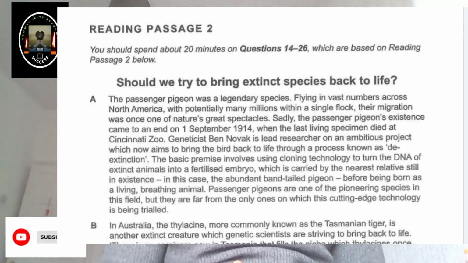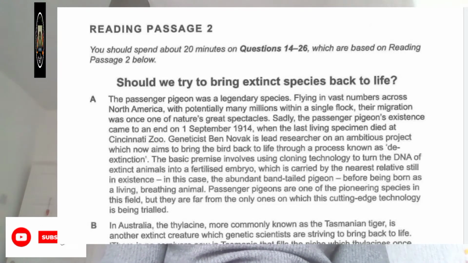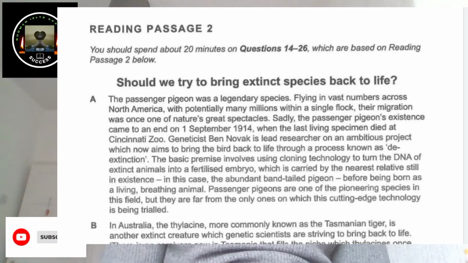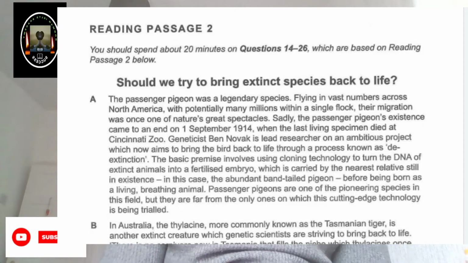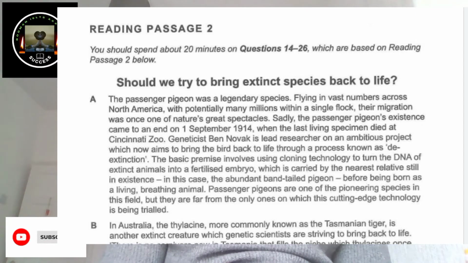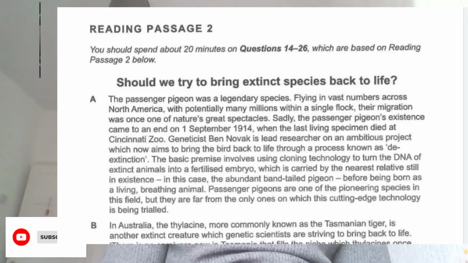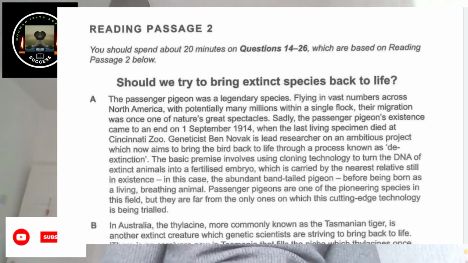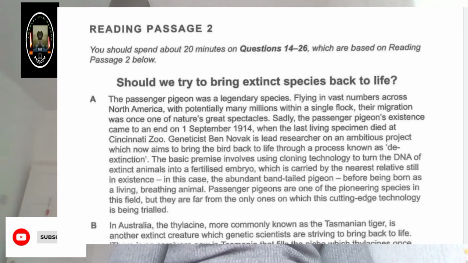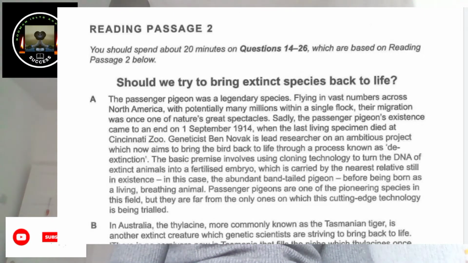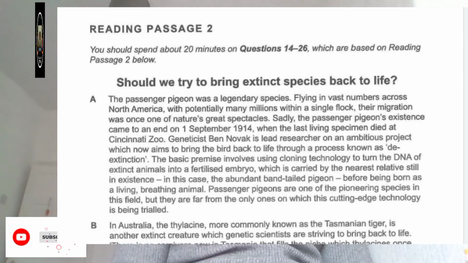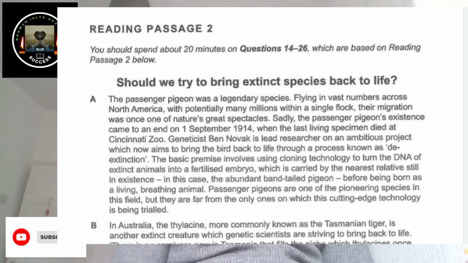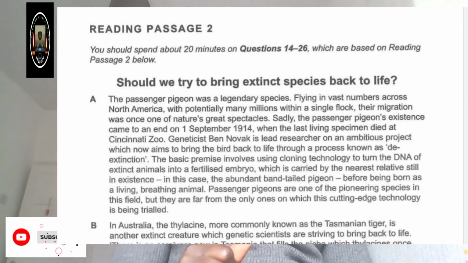The first sentences are talking about how the pigeons fly. Sadly, the passenger pigeon's existence came to an end on 1st September 1914. They are now saying its existence came to an end at a particular date.